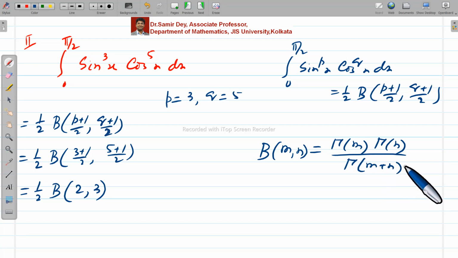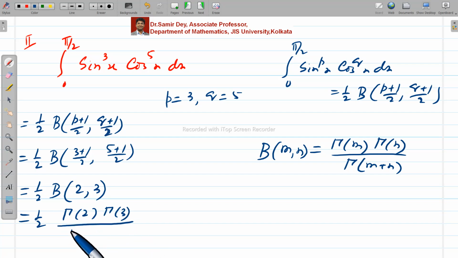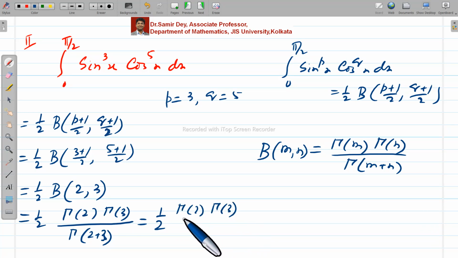I want to apply here. So it is coming 1 by 2 gamma 2 gamma 3 by gamma 2 plus 3. So ultimately it is coming 1 by 2 gamma 2 gamma 3 by gamma 5.